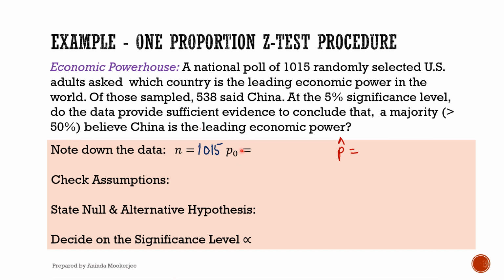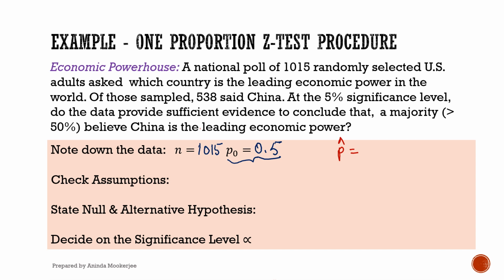So for proportion, you cannot put 50%. It has to be a value between 0 and 1. So you have to convert the percentage to a proportion, to a decimal, and it's going to be 0.5. That's what the null proportion is. All right.